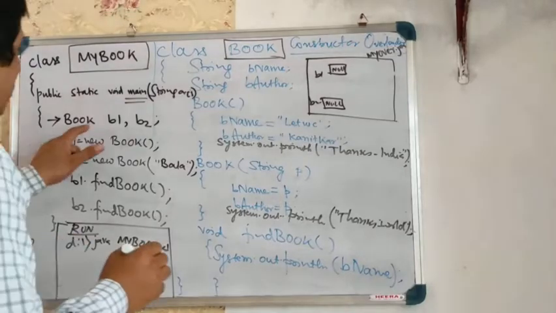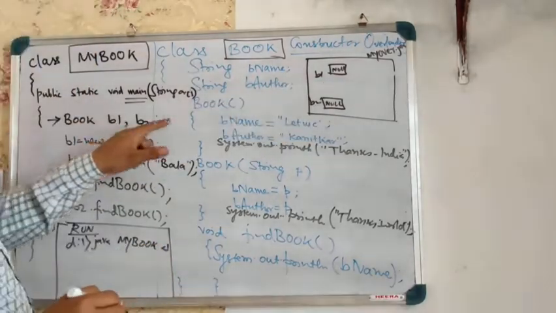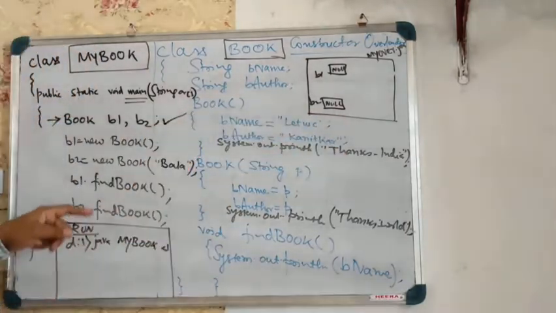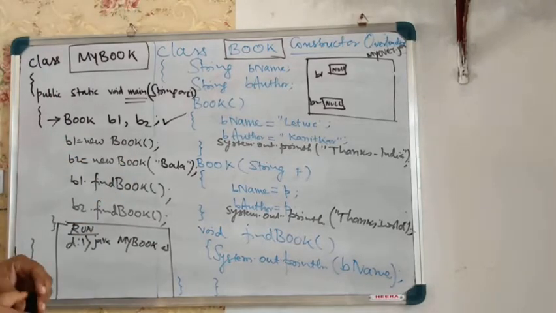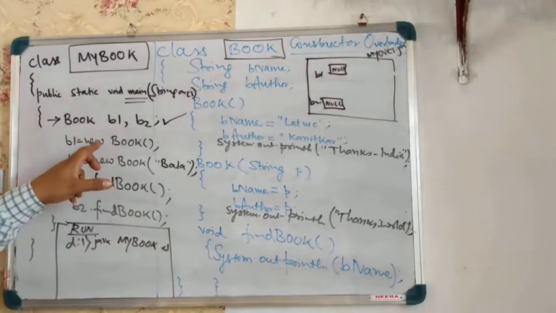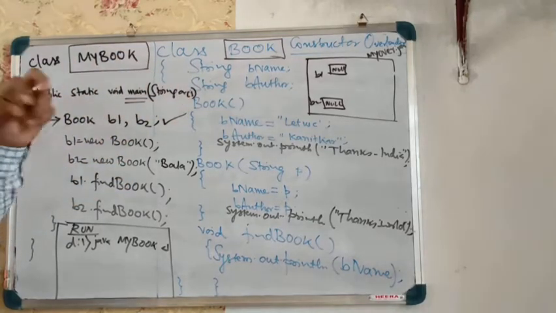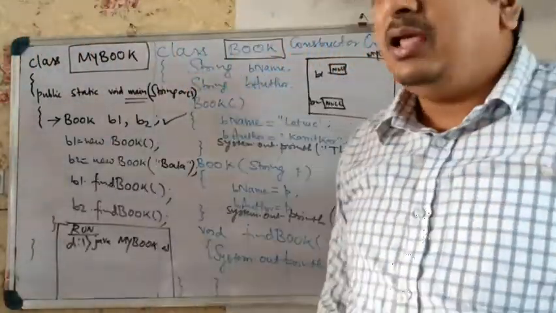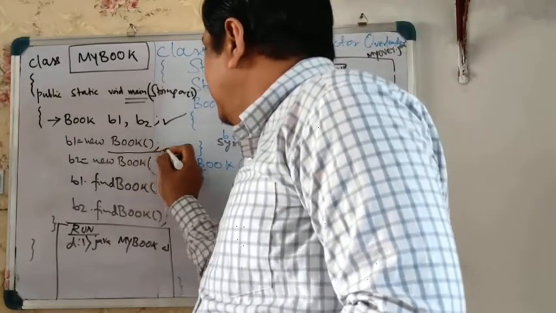As I said, Book B1, so there will be B1 null. Book B2, so there will be B2 null. So line number 1 execution is completed. Now see, B1 equals new Book. When it tries to instantiate this object, it goes and checks whether there is any constructor matching this available or not.